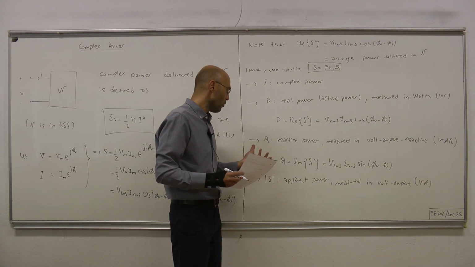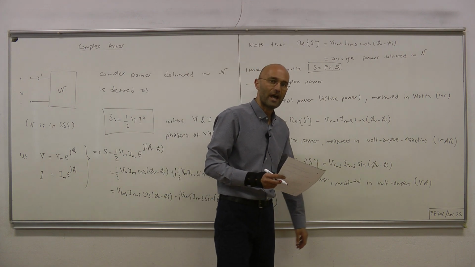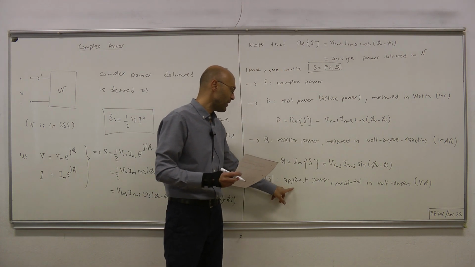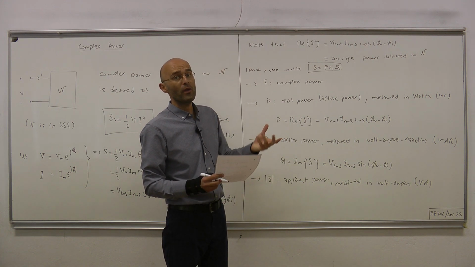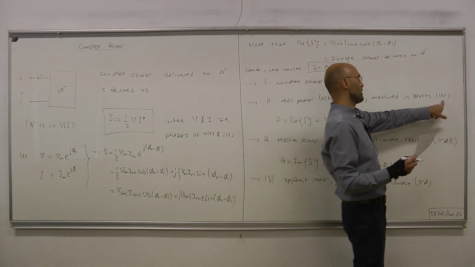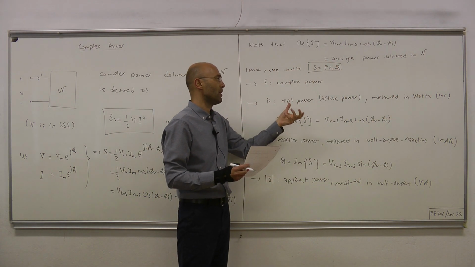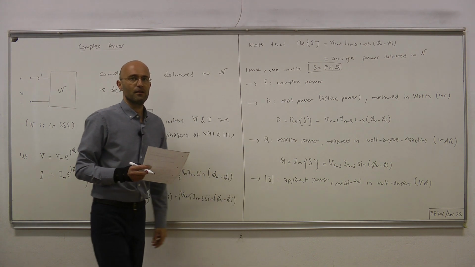If you're talking about a load at 1000 volt amp, we're talking about the apparent power. If you're talking about a load at 1000 watts, we're talking about a certain load where the real power, or the active power, is 1000.